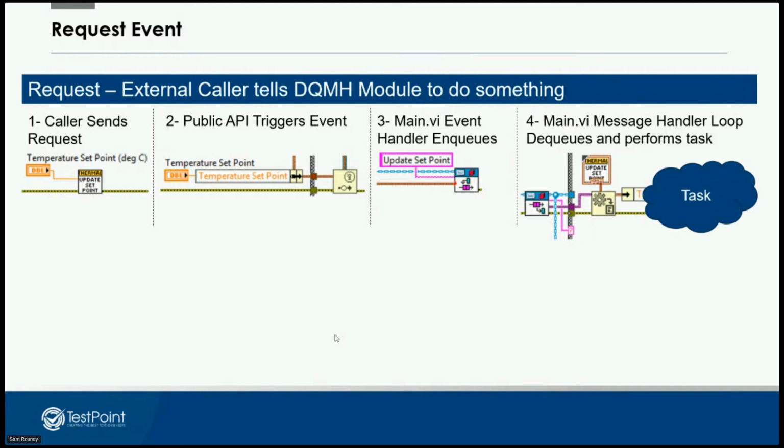The main VI is essentially, it looks like a queued message handler, which is where the QMH comes from. And so it queues up that set point event into the lower loop, or the loop that handles everything. And then your main VI message handler loop dequeues that and performs the task. And so that task would be the code that you would create inside of this thermal thing.